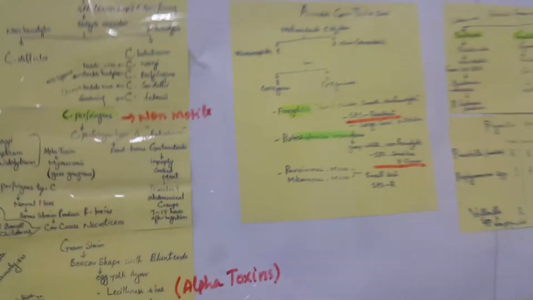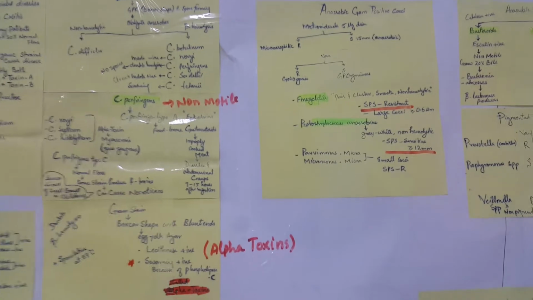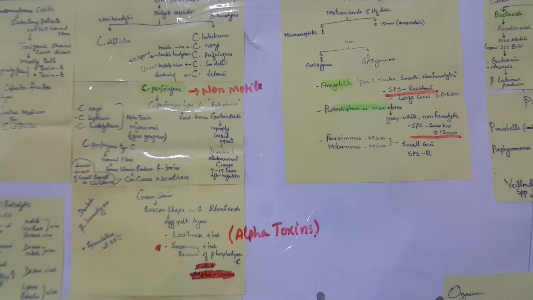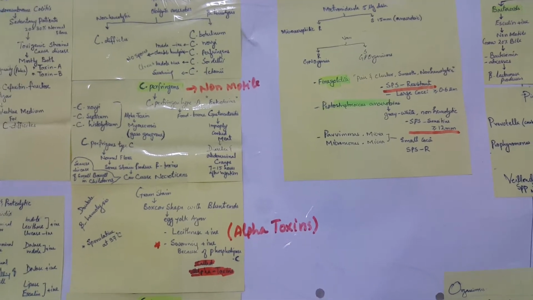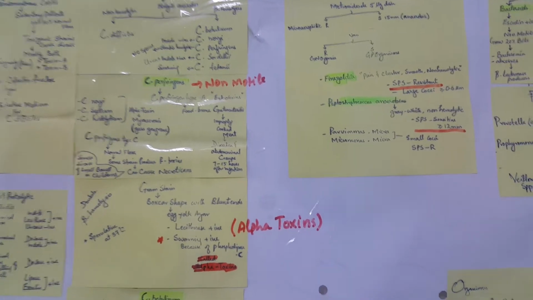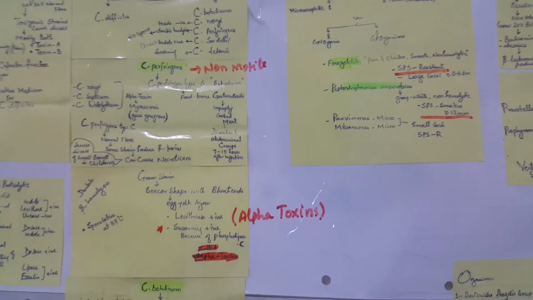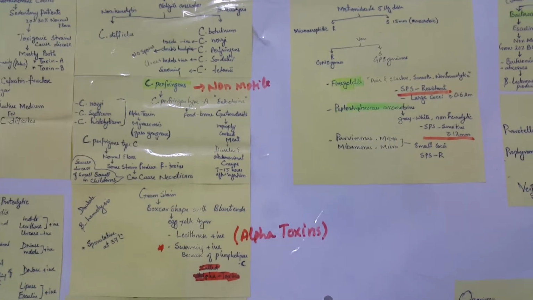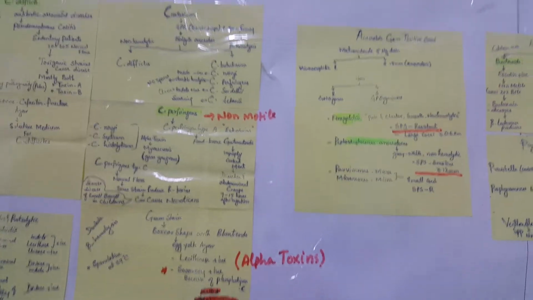If you see the anaerobic gram-positive cocci, the metronidazole 5 microgram disc is very important to differentiate between the microaerophilic and anaerobes. Anaerobes show a 15 mm zone, and microaerophilic are usually resistant.